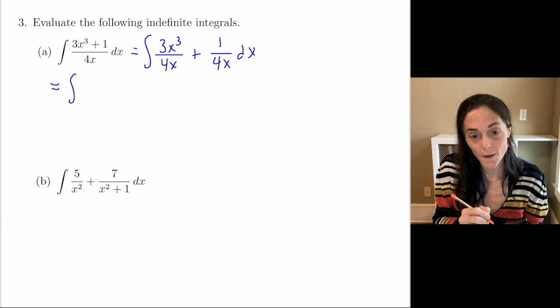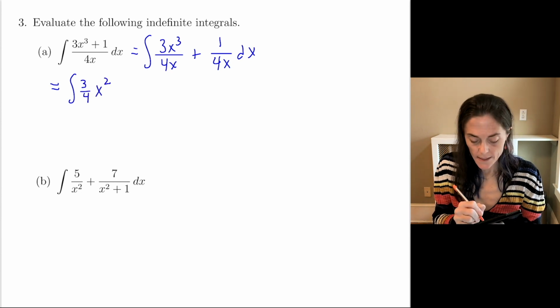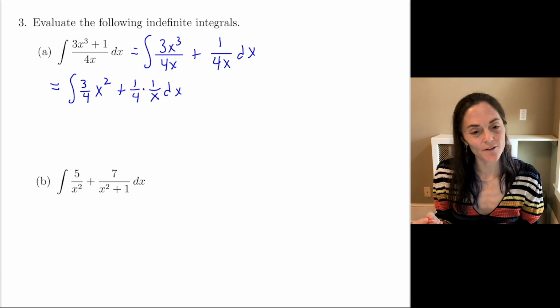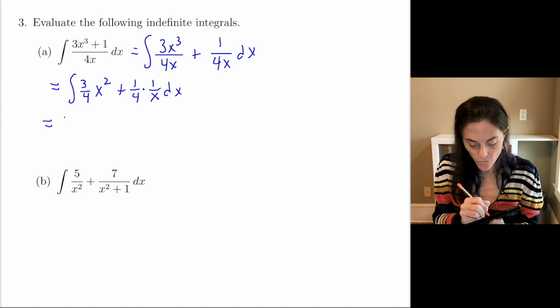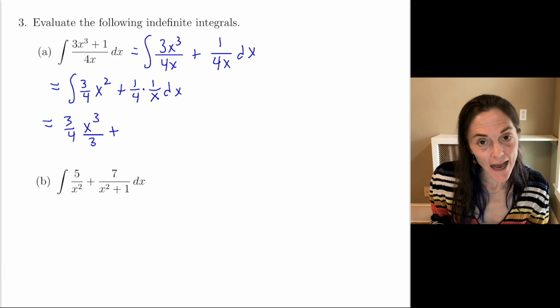Now let's simplify each one of these. You notice the first one is 3 over 4 x squared, and the second is 1 over 4 times 1 over x. Now I'm ready to integrate. The first one is power rule. We would have 3 over 4, we add a power, divide by the higher power. The second term is not power rule.